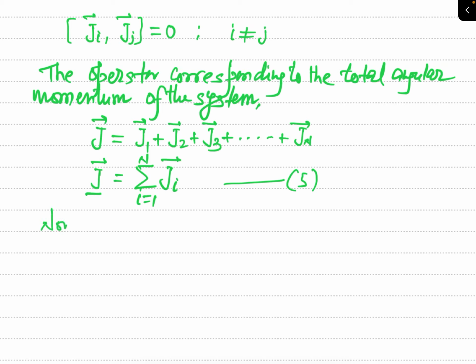So now you can say that this operator J may be expressed like this: Jx i plus Jy j plus Jz k. Remember, all these are operators, Jx, Jy and Jz. These are not physical quantities, but operators.